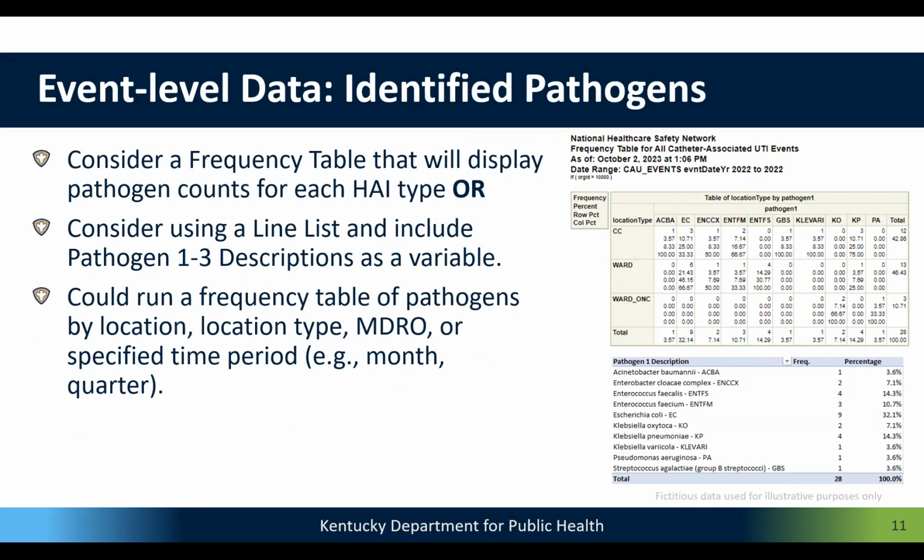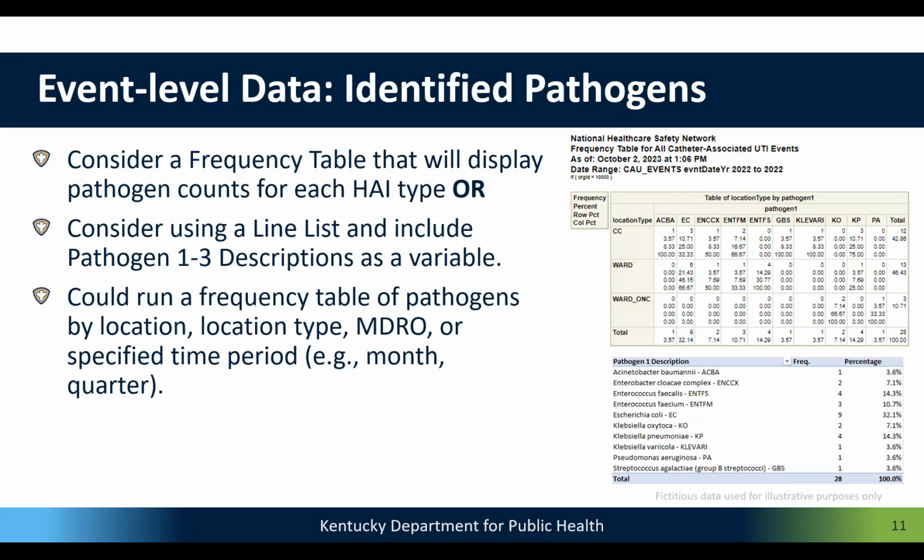When it comes to analyzing event level data within NHSN for identified pathogens, there are several approaches that you can consider to gain valuable insights. One effective way to examine data is by creating a frequency table. This table displays the count of specific pathogens associated with each type of healthcare-associated infection.